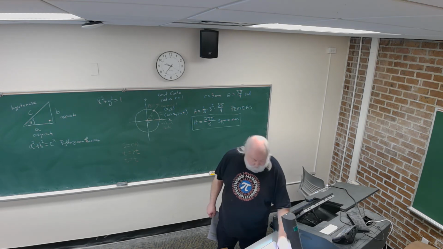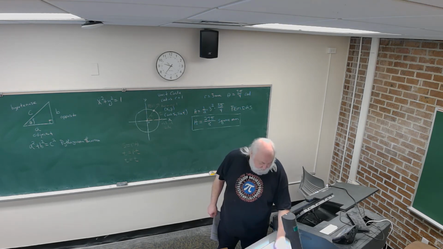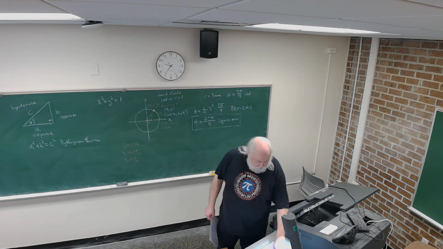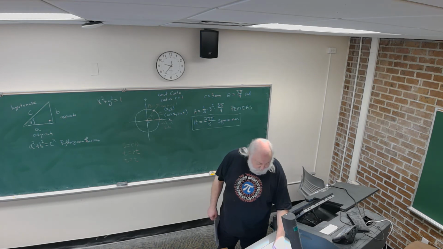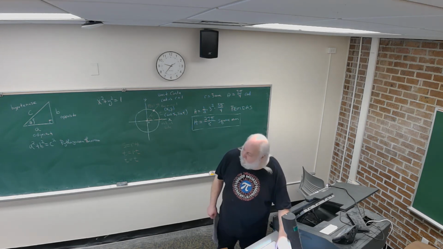So the equation of the unit circle, which I wrote on the board, is x squared plus y squared equals 1. The points on the circle are made up of all the combinations of x and y that satisfy this equation.